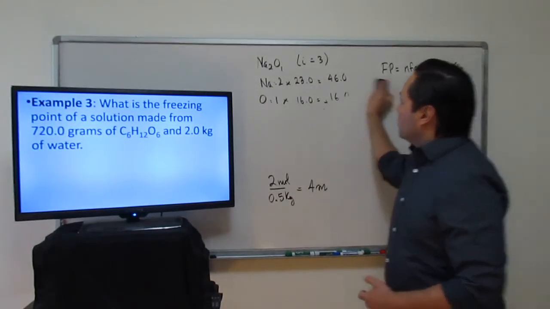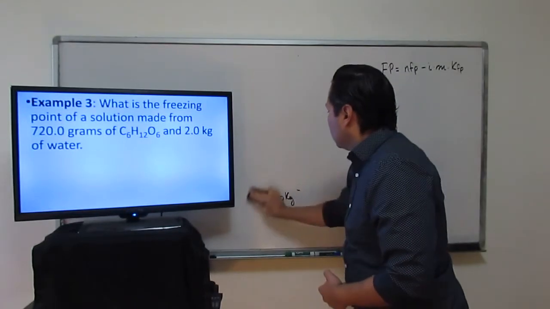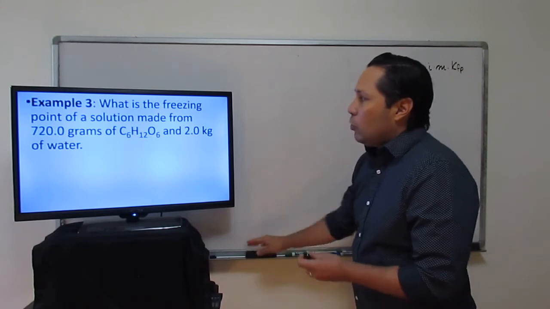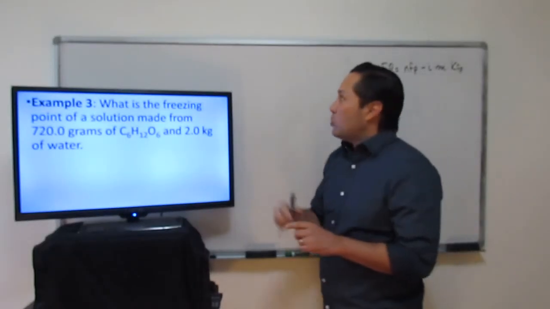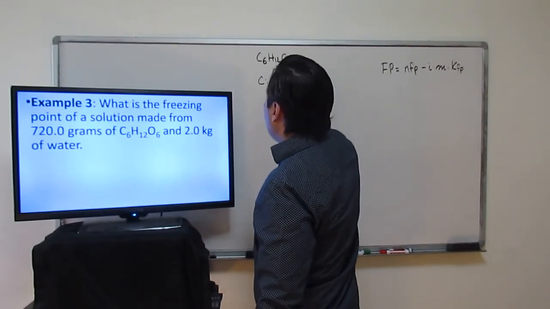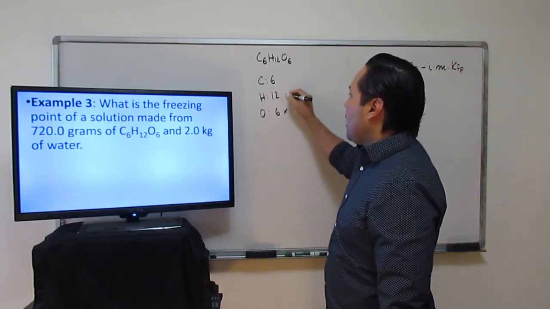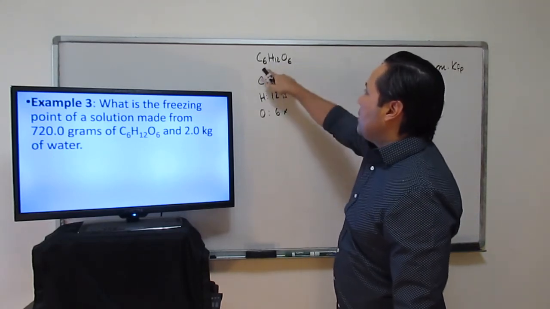Alright, so again, first step, gotta get that molar mass. So C6H12O6 glucose, let's see, we got 6 carbon atoms, 12 hydrogen atoms, and 6 oxygen atoms. Alright, that's how many of each we got, 6, 12, 6.